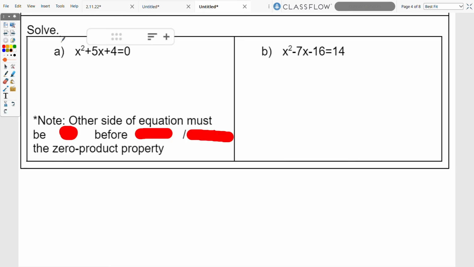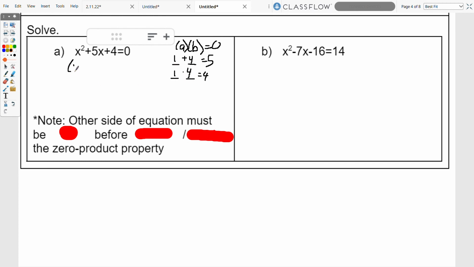Note that this is in a different form now. It doesn't look like two things multiplying by each other equaling 0. So what do we normally do when we have equations like this? Trinomials, we can factor them, and after you factor it, it takes this form. We find two numbers that add up to 5 and multiply to 4, and that's going to be 1 and 4.